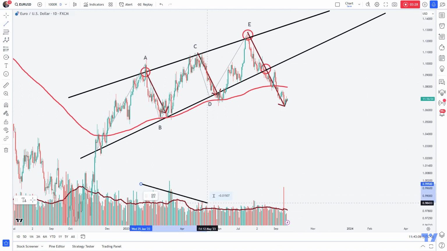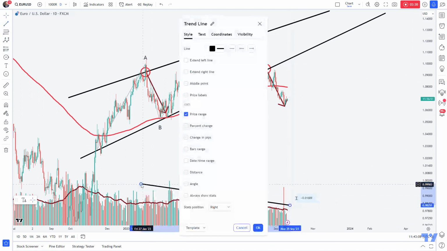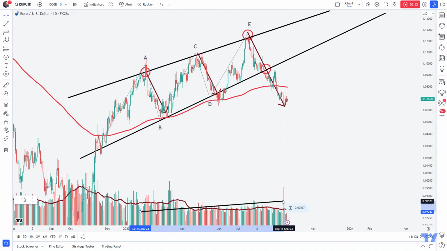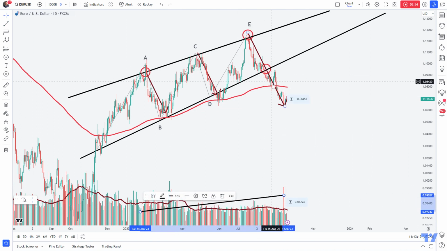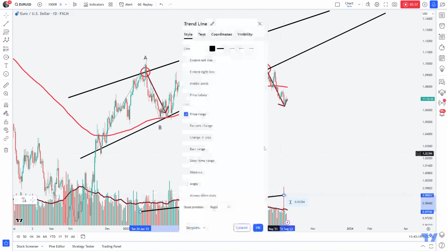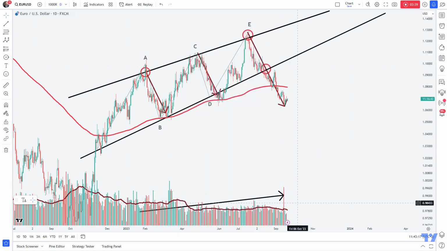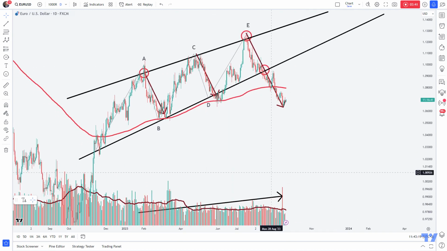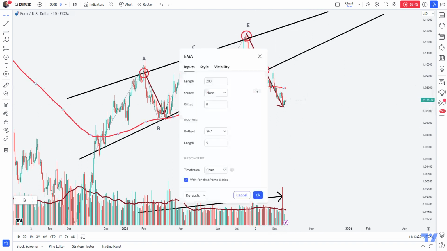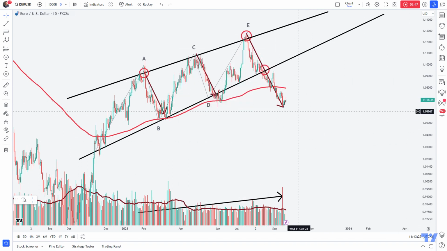Also, it has to be mentioned that the volume is increasing further, and especially with these recent breakouts towards the downside, the volume has reached a high bearish volume spike within this whole structure, bouncing below the 200 EMA. Now this major 200 EMA is a major resistance within this whole structure.